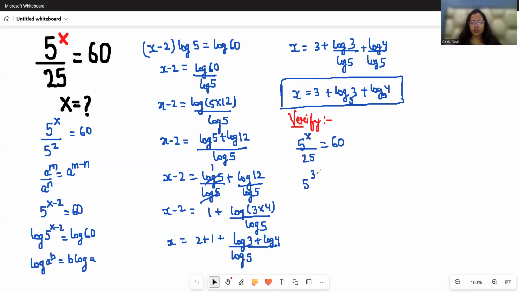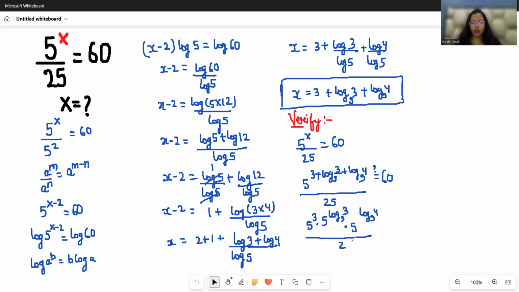So 5^(3 + log 3 with base 5 + log 4 with base 5) / 25 equals 60 or not, we have to check. So it becomes 5^3 times 5^(log 3 with base 5) times 5^(log 4 with base 5) / 25.